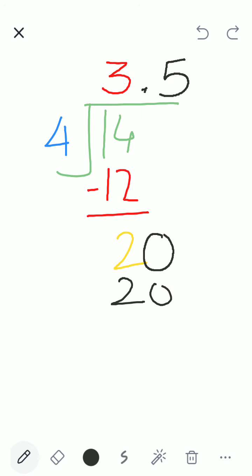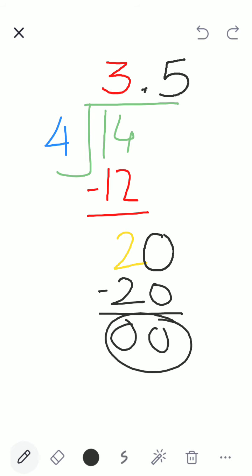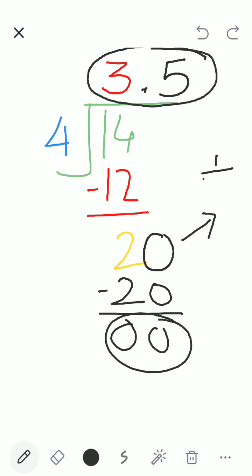Four fives are 20. Now remainder 0. No piece is remaining. So each child got 3.5 of the fruit. So when you put a point and the first zero, this becomes the 1/10th place.